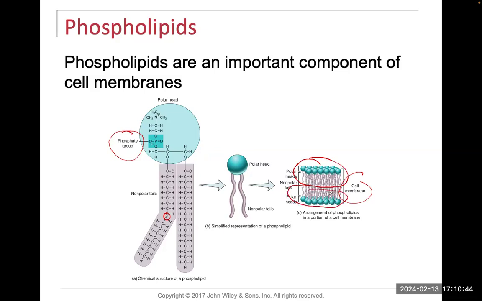So it's a phospholipid bilayer. The outside portion is hydrophilic, likes water, and this side likes water. The inside is hydrophobic, doesn't like water.